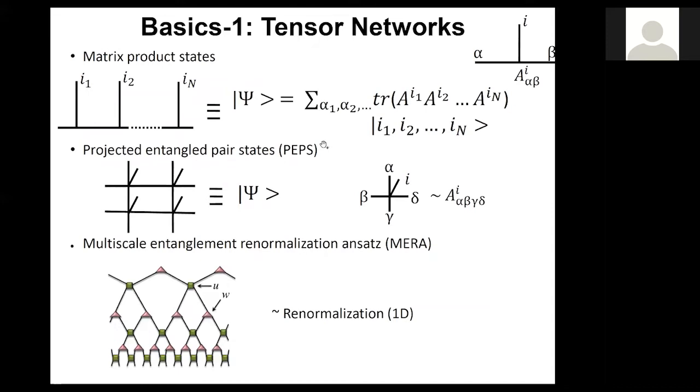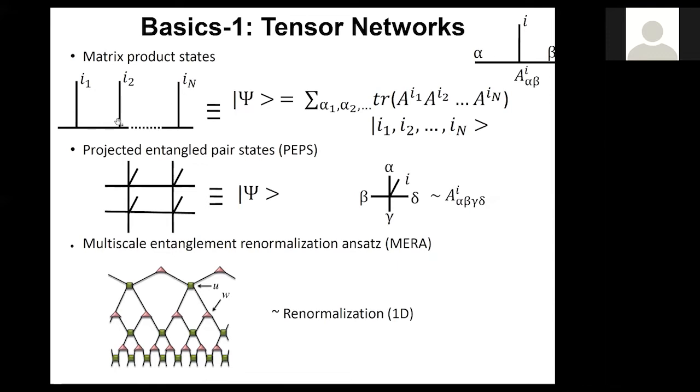So there are various tensor network states. One of them is called matrix product states. This is used to describe quantum many-body states of n particles or n spins in a particular way. As we said, this state lives in a really big Hilbert space.